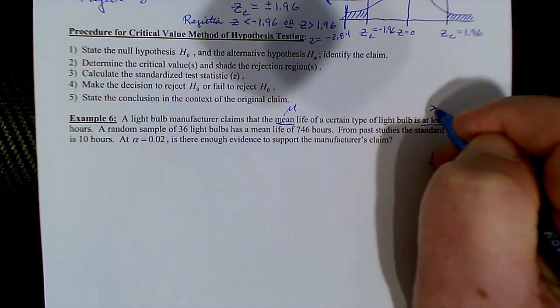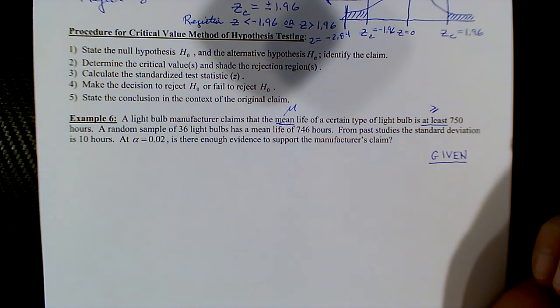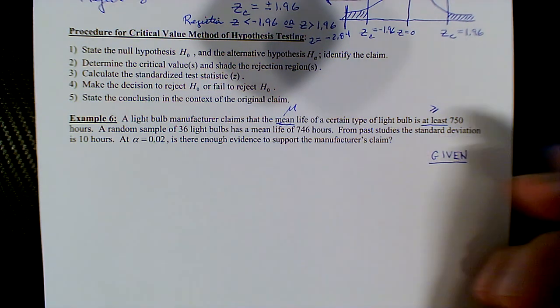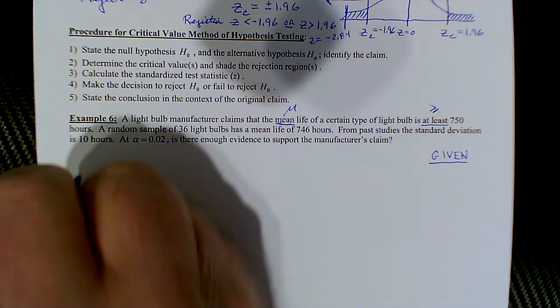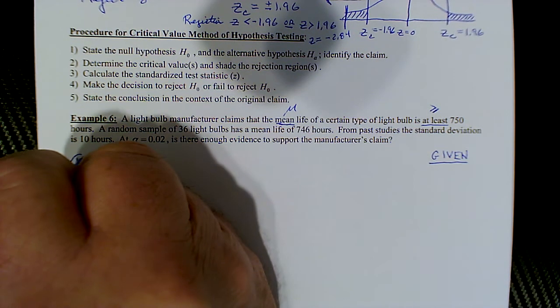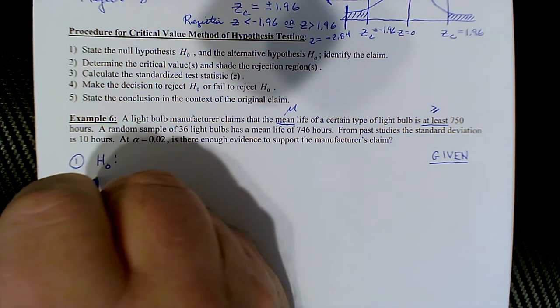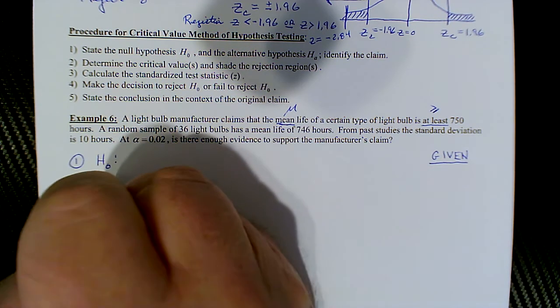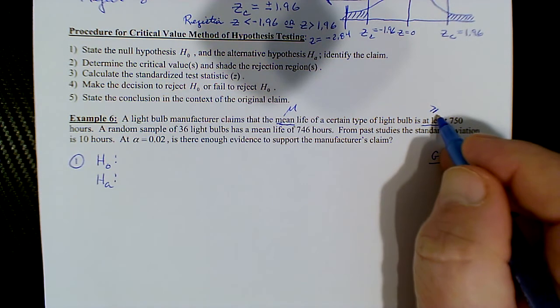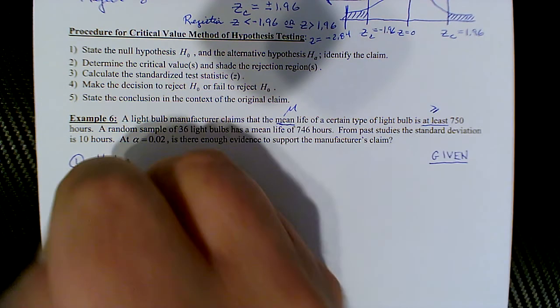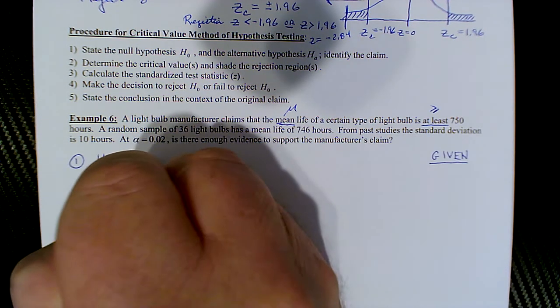So that's going to be the state your hypotheses and identify the claim. That is H0, HA, and greater than or equal to contains equality, so it goes with the H0, the null. So mu is greater than or equal to 750 is our claim. And then HA would be the complement. Mu is less than 750.